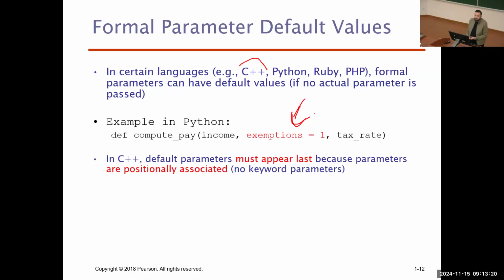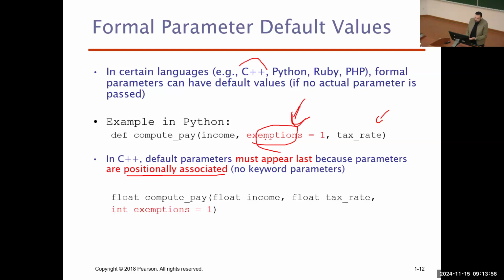Actually, no, because in C++, when you want to use the one with the default, it has to be the last one, or you have to specify them all. Why is this? Exactly, because C++ doesn't support keyword names, it only supports by position. So it has to follow the position. So it'll be like this.